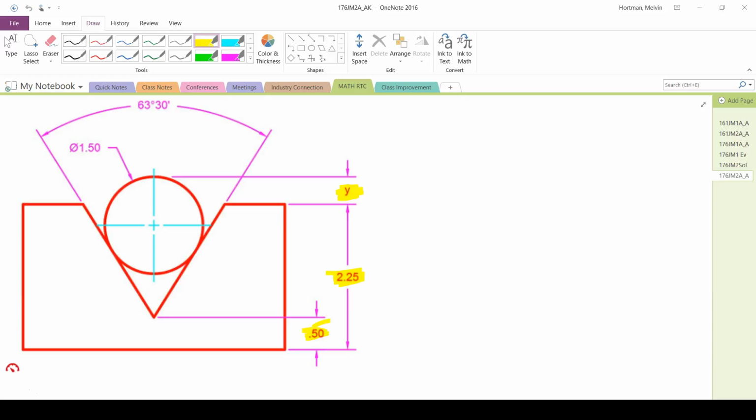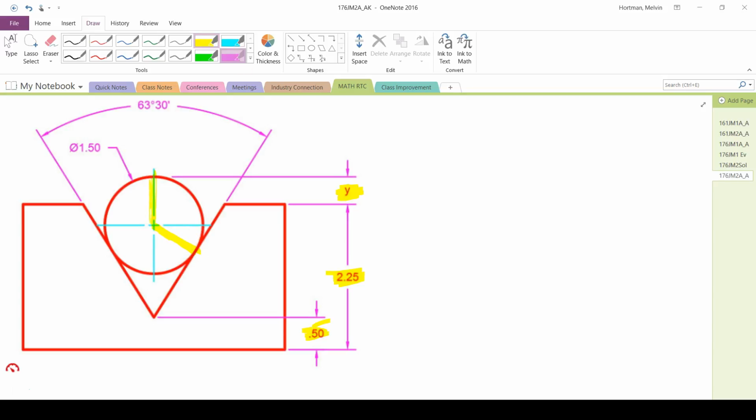And we also know the radius, or we know the diameter, and therefore we know the radius of this ball. And we know that the ball is tangent to the side right here.